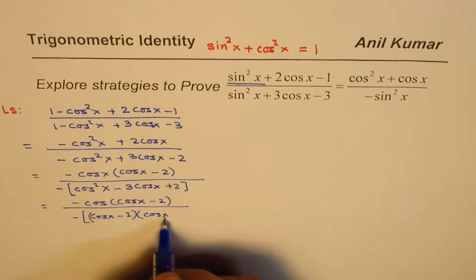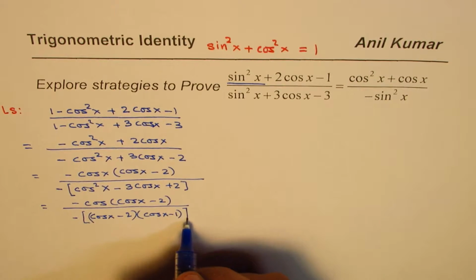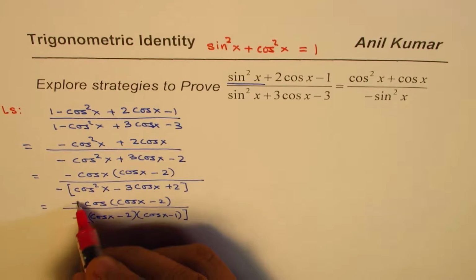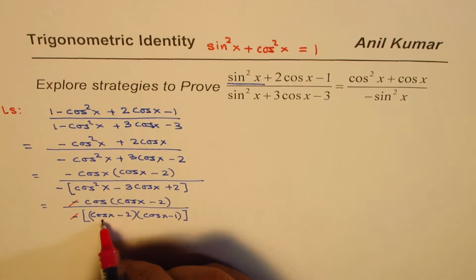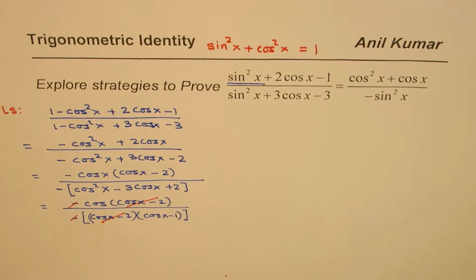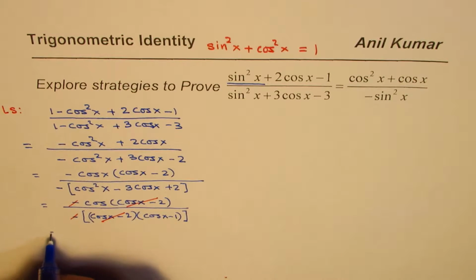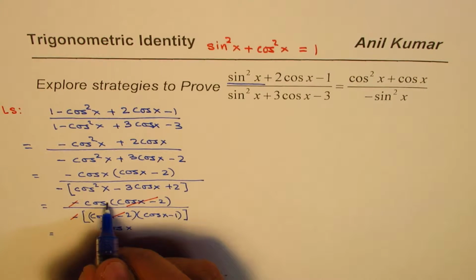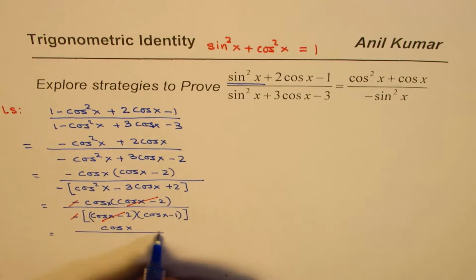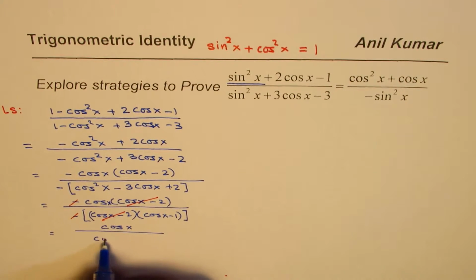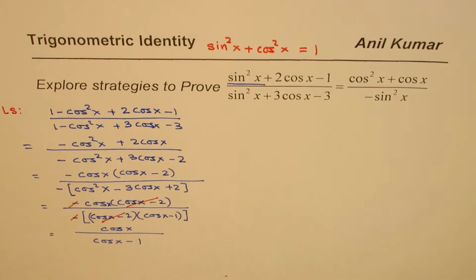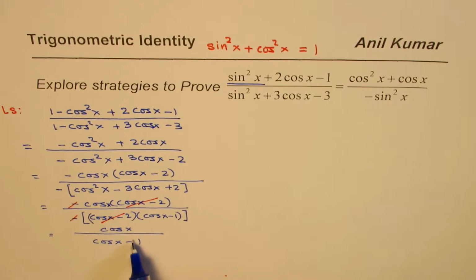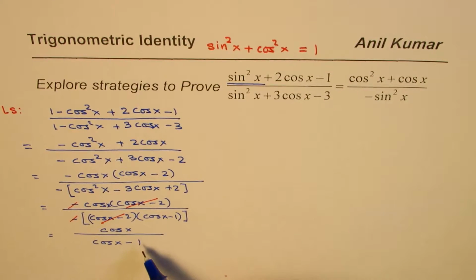At this stage, we'll cancel out the negatives and cancel out this common factor, and then we can write the left side as cos x divided by (cos x minus 1). Correct. So that is the simplest form we can write the left side as.